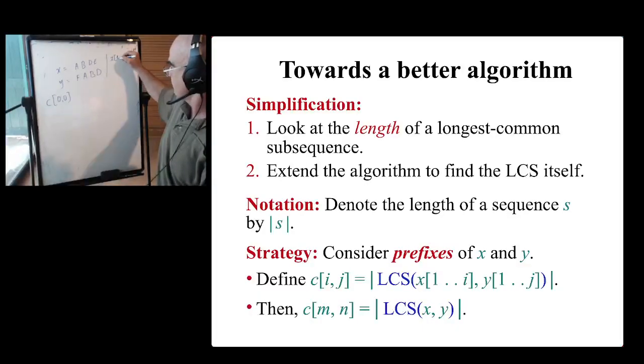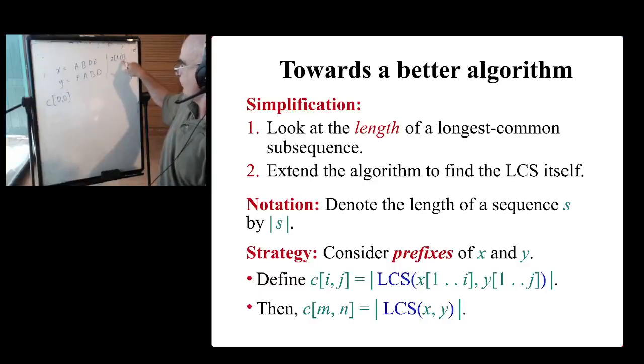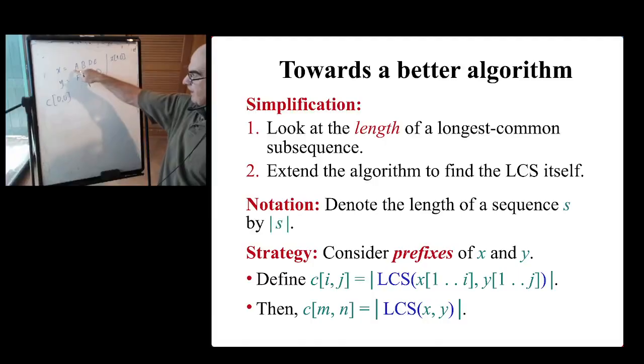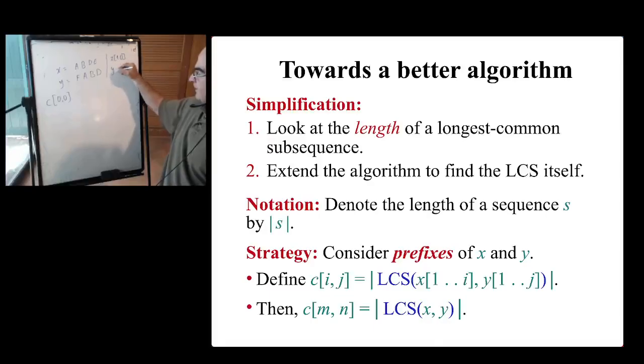X of 1 dot dot 0 is a prefix that contains the first 0 characters of x. Similarly, y of 1 dot dot 0. Again, don't be confused by the 1 over here. It will start at the first character, but you are progressing 0 characters. So this is an empty string, and this is an empty string.